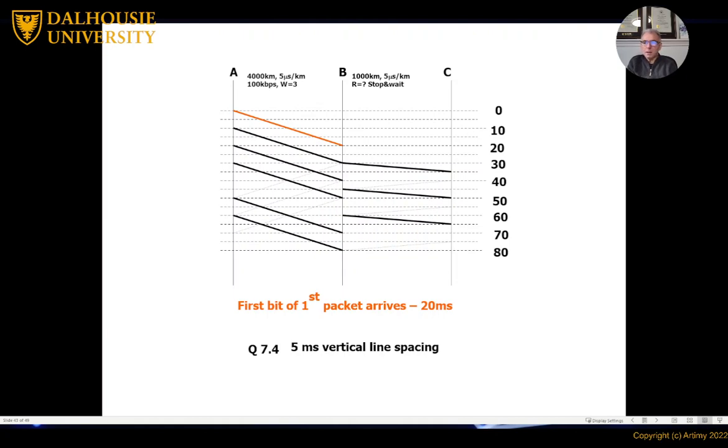You will see here some of the examples that show this kind of graph. So I'm going to explain this, but we will solve it some other time. So here, the red line represents the start of the frame, right? And this black line here represents the end of the frame.